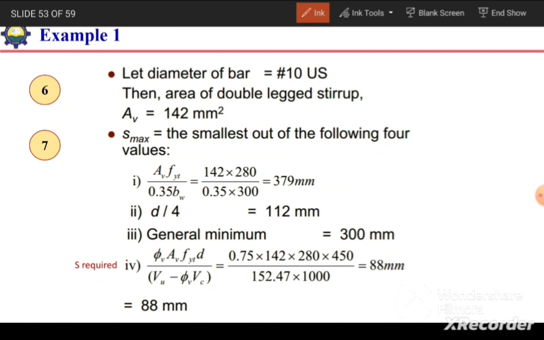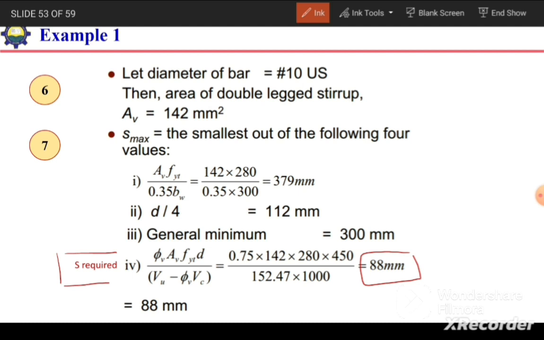After that, the next step is to calculate the s required. So s required is equal to phi_v area of stirrup in shear fyt d over Vu minus phi_v Vc. By substituting the values in this expression, we get this s required equal to 88 millimeter.